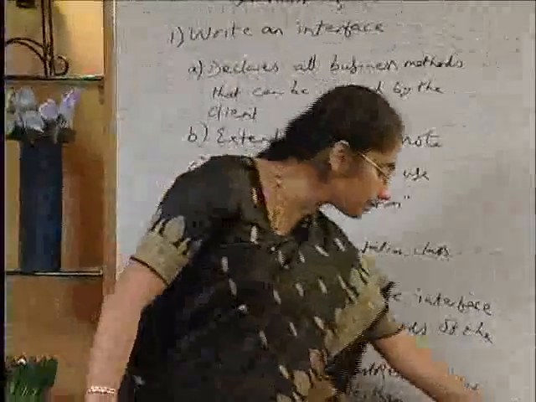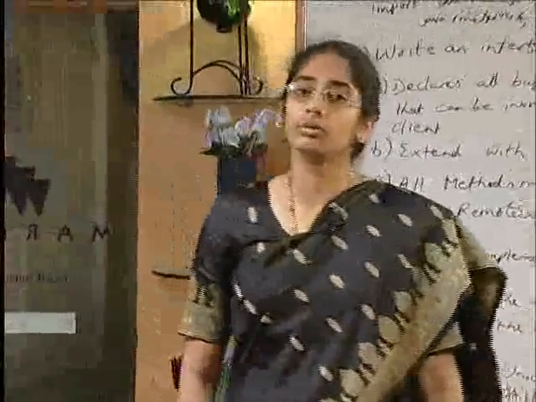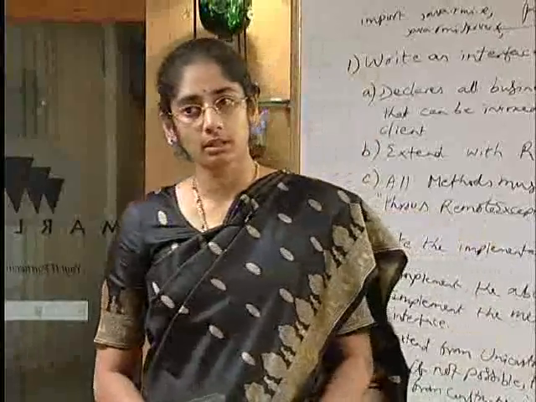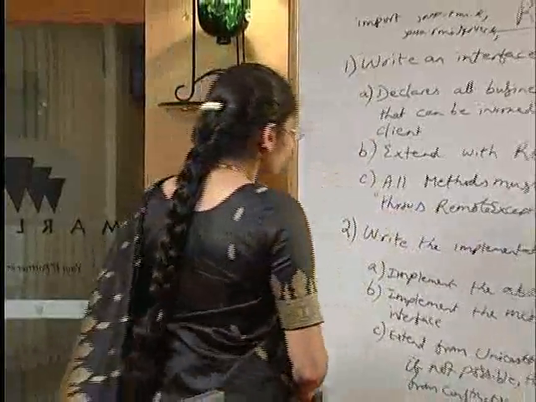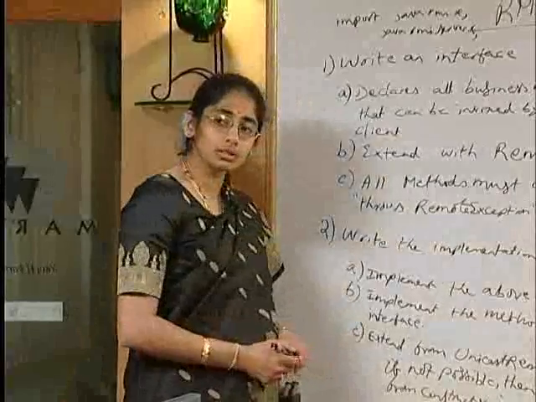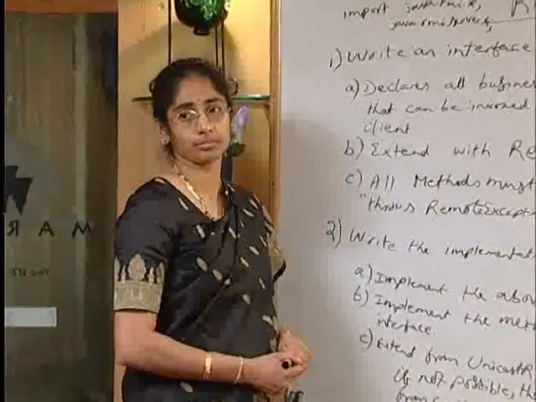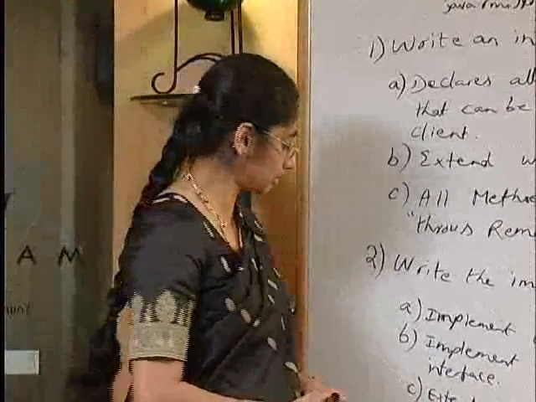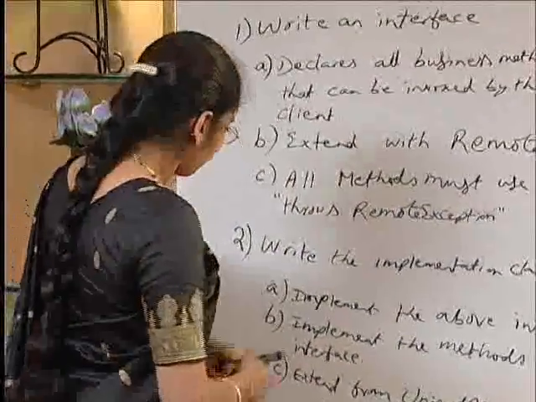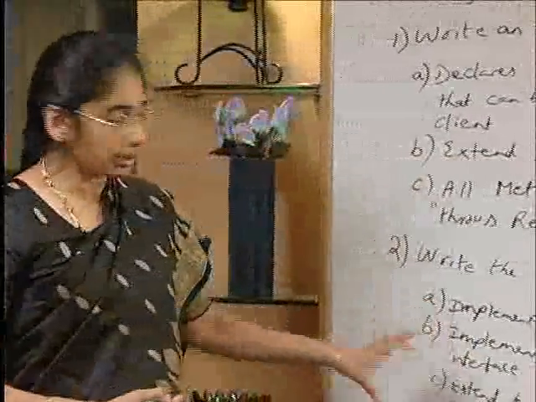This particular method as well as the constructor of UnicastRemoteObject throws RemoteException. So your constructor should also use throws RemoteException. So this is how you write the implementation class.